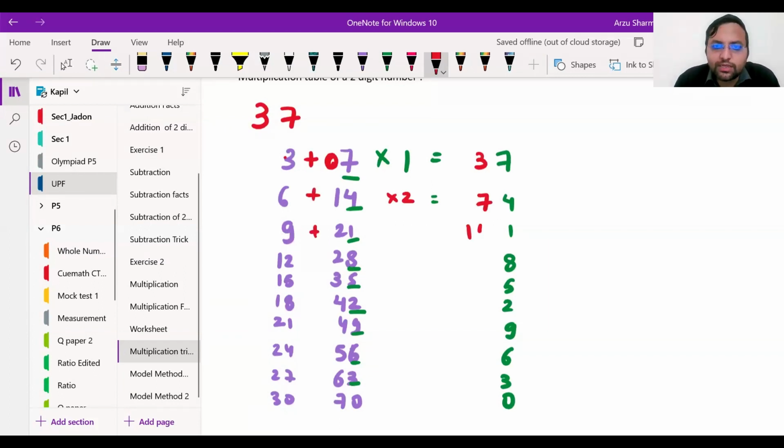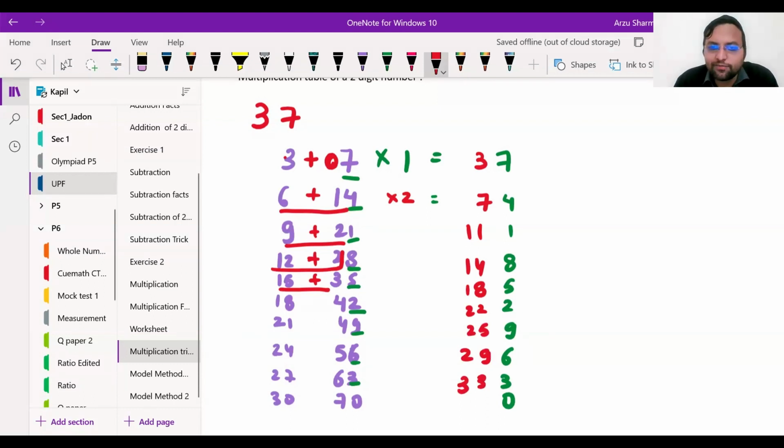Then 9 plus 2 is 11. 12 plus 2 is 14. Then 15 plus 3 is 18. 18 plus 4 is 22. 21 plus 4 is 25. 24 plus 5 is 29. 27 plus 6 is 33. And 30 plus 7 is 37.